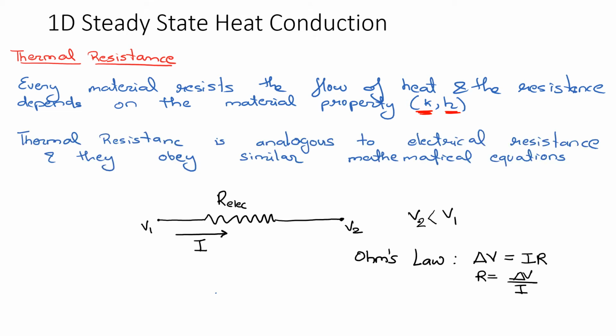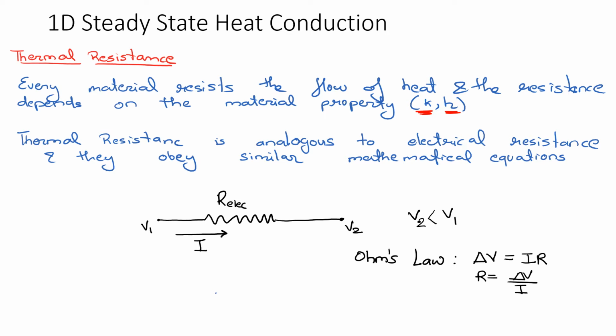So the concept of thermal resistance is analogous to electrical resistances, and they obey similar mathematical equations. Most of you might have learned electrical resistances and Ohm's law, and how to draw circuit diagrams in different scenarios.